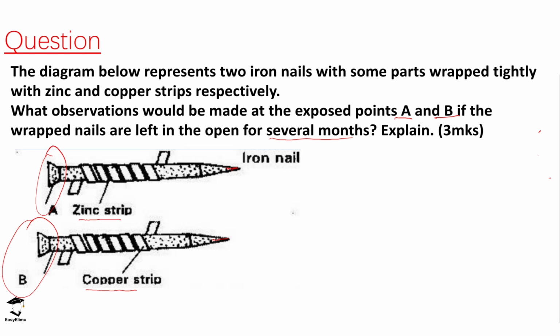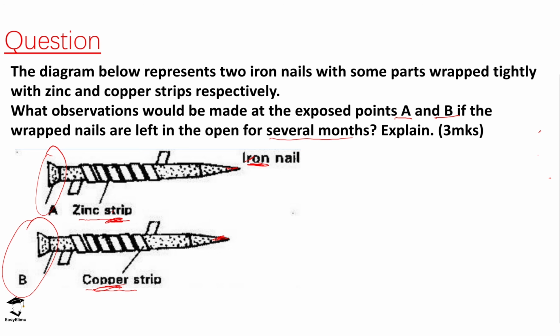Explain. If you look at the strip that is covering with zinc, we said zinc is more reactive than iron, so it is going to rust on behalf of the iron. And when you look at the copper strip, we know that copper is less reactive than iron, so iron is going to rust on behalf of the copper.